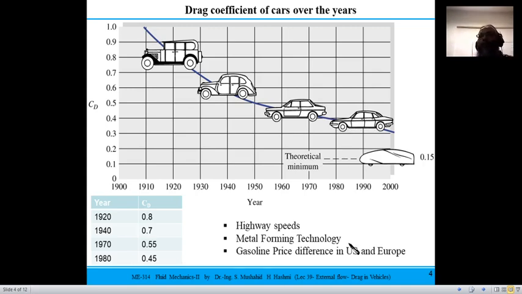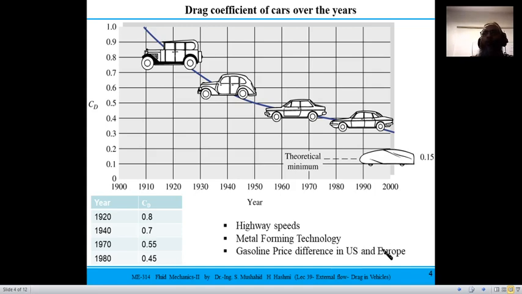Secondly, different metal forming technologies have improved, so we can have those monocoque designs for vehicles, and the body can become more streamlined, and that actually has an impact too. And the gasoline price also forces this. Especially in Europe, gasoline used to cost 3 times the price in the US.